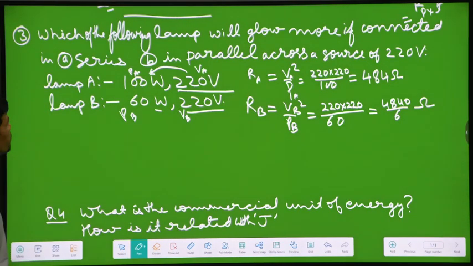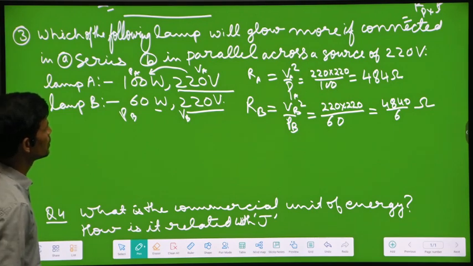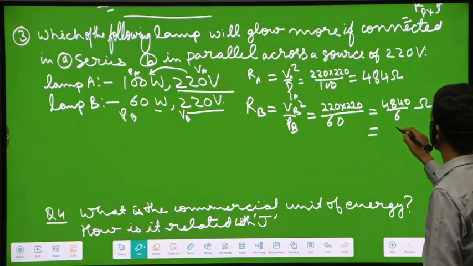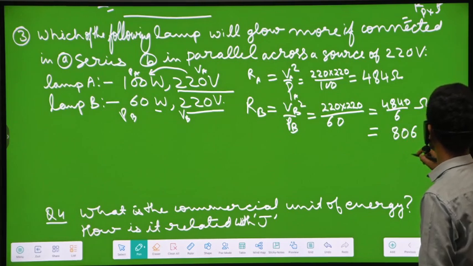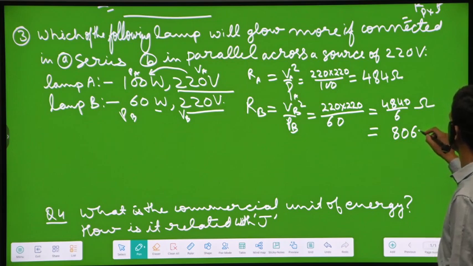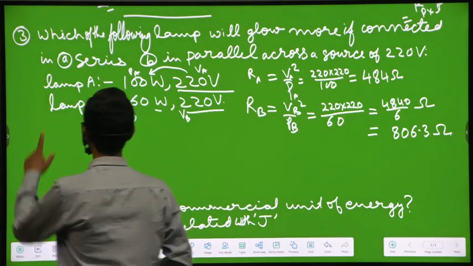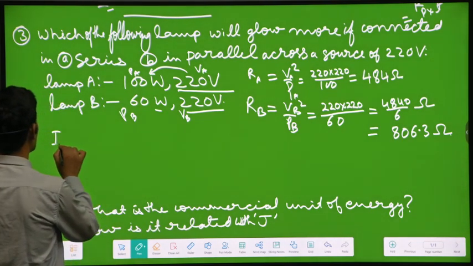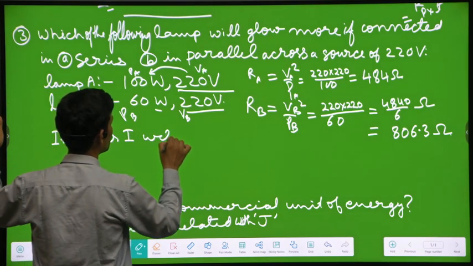In series, we can see that, I'm solving it. Approximately, this will be the answer. It means resistance of B is greater. In series combination, current will remain the same. In series, current will be same.